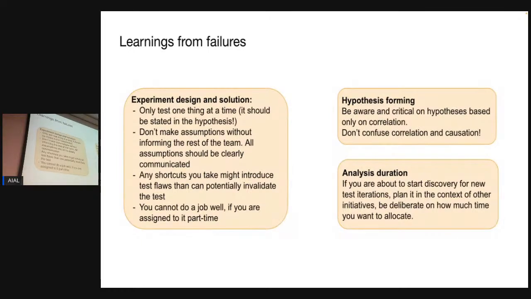Thanks for the presentation. Do you have any rules on how you formulate hypotheses and communicate them to the rest of your team? So the question was, do we have any rules on how to formulate and communicate hypotheses?